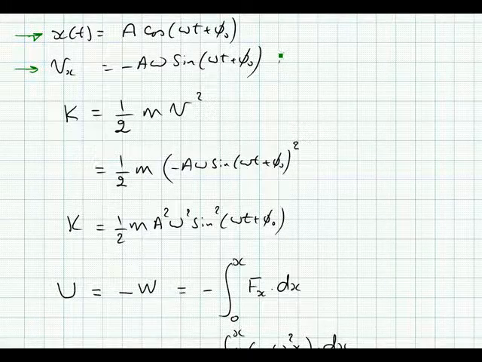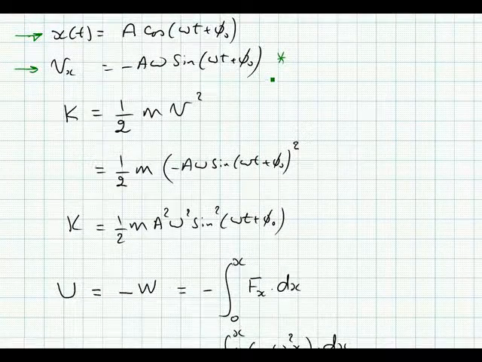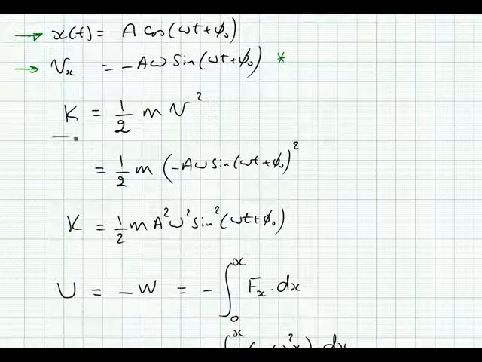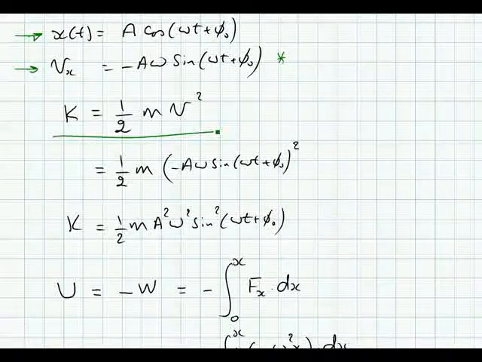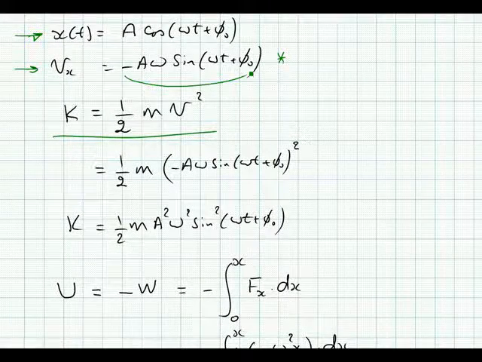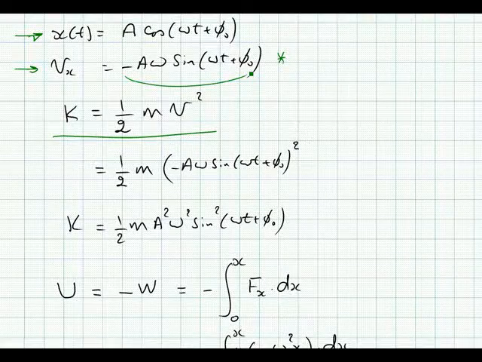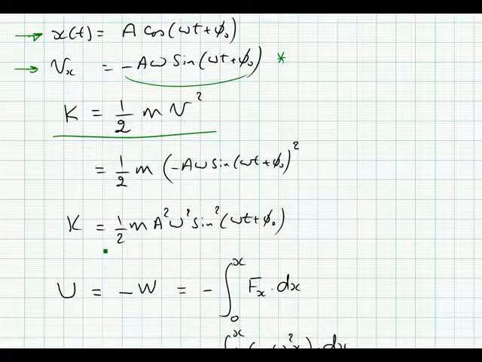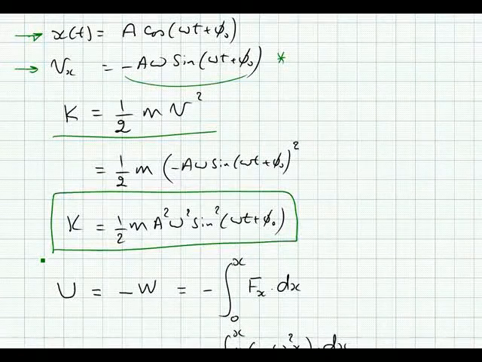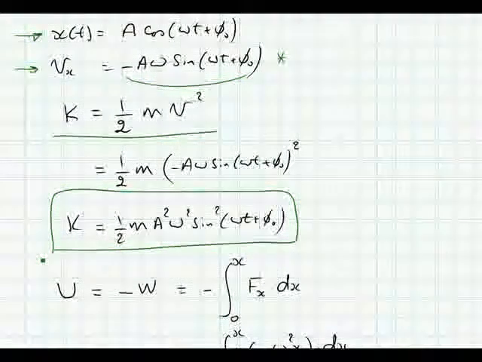Let's make use of the velocity term to determine the kinetic energy of a simple harmonic oscillator. Kinetic energy is defined as 1/2 of mass times velocity squared. Plug in this function for velocity, and you can show that the kinetic energy of a simple harmonic oscillator is simply given by this equation here.